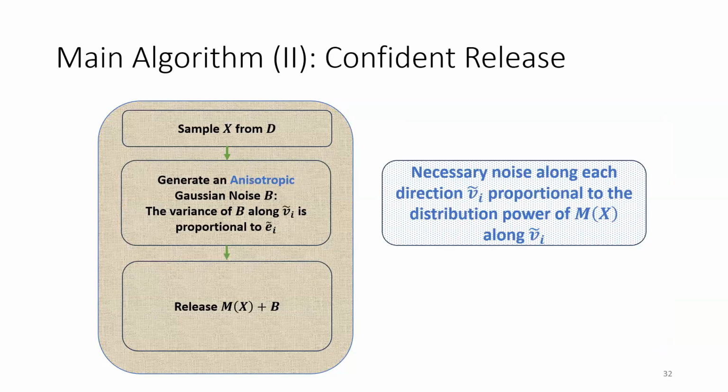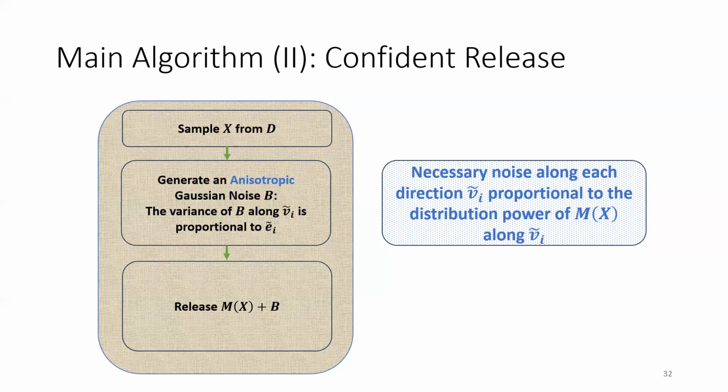The second step: after sufficiently many simulations, we are confident about what the covariance looks like, and then we can confidently release our data. We sample fresh data X from D again, and we add anisotropic noise. This is why we only add necessary noise to your output: the variance of the noise along each direction captured by your eigenvectors is only proportional to the eigenvalue.